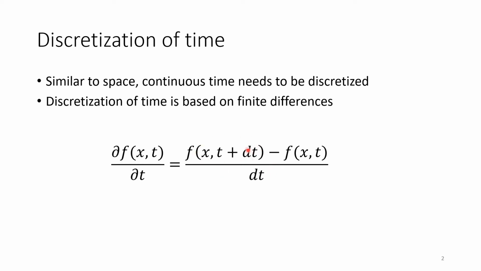So this is a point in time in the future, this is our current time, and the difference between both in time is dt, depending on the state of your variable. Right? So this is just approximating the time derivative to first order by the difference divided by the time step size.